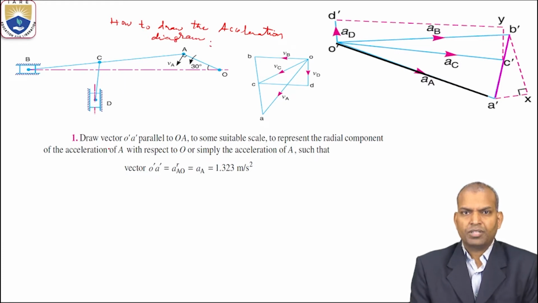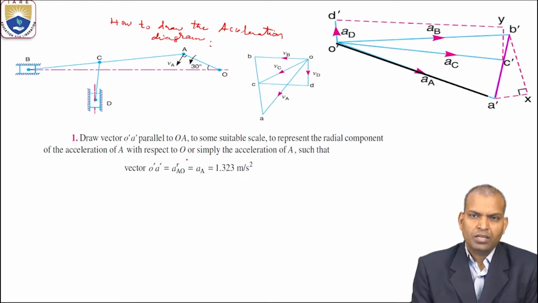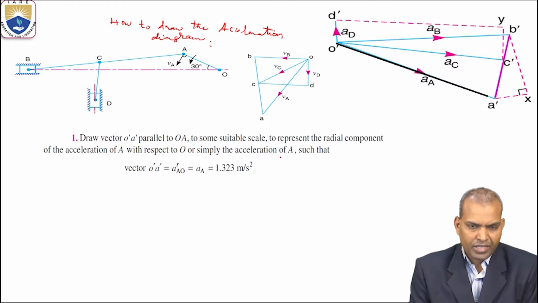First step, draw vector O dash A dash parallel to OA to some suitable scale to represent the radial component of the acceleration of A with respect to O, or simply the acceleration of A.